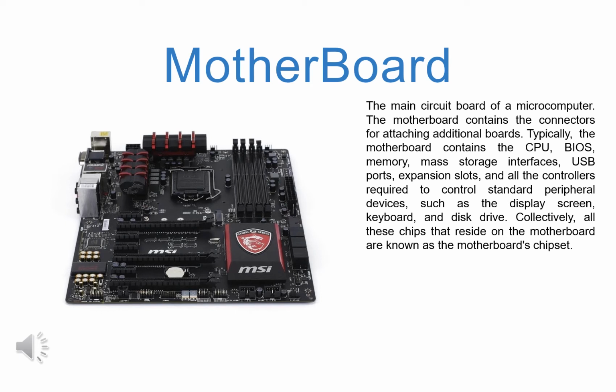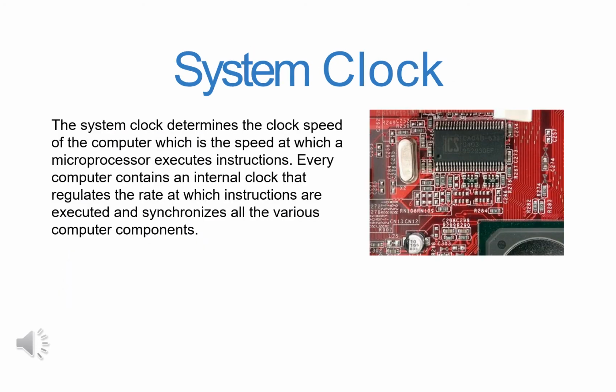Collectively, all the chips that reside on the motherboard are known as the motherboard's chipset. Let's have a look at the basic structure of the motherboard, which is shown for your convenience. Now we have the system clock.